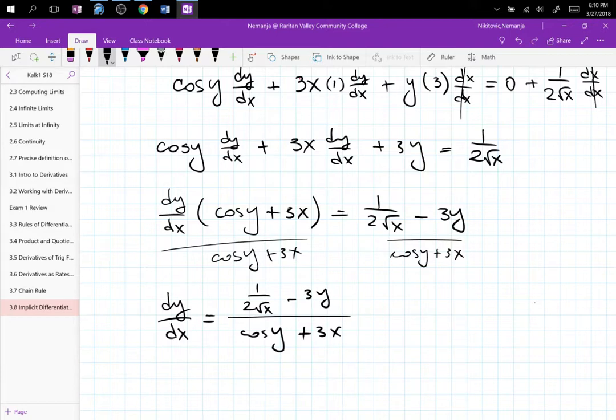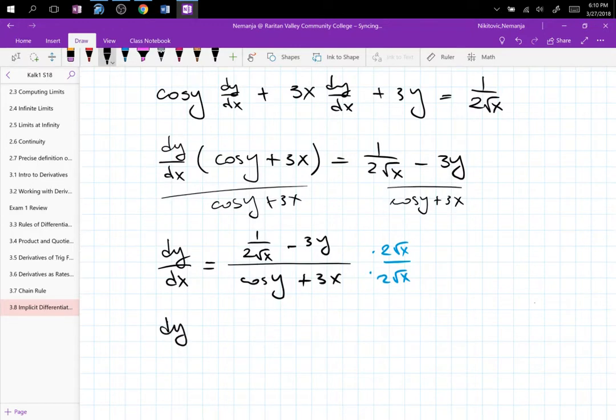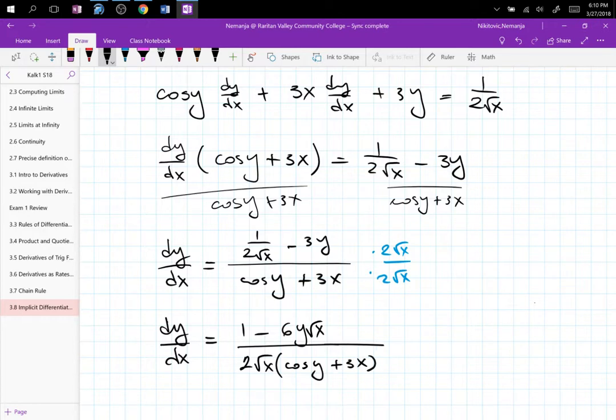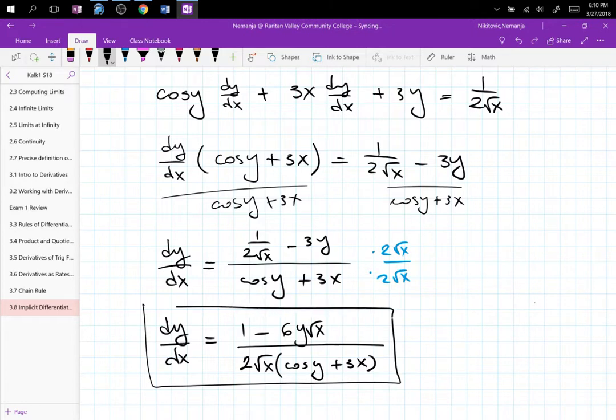So we just need to deal with that. Top and bottom times 2 root x. So this is 1 minus 6y root x divided by 2 root x times cosine y plus 3x. Yay, there it is.